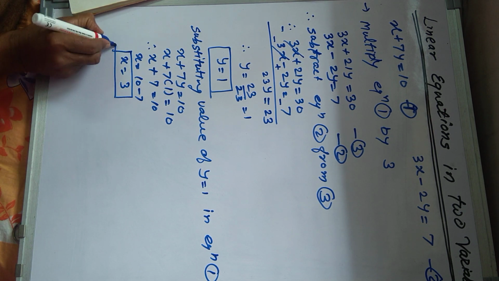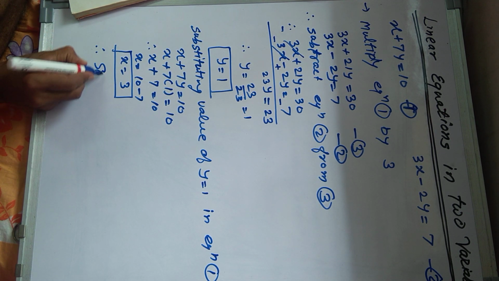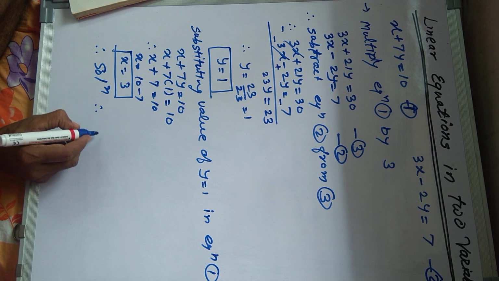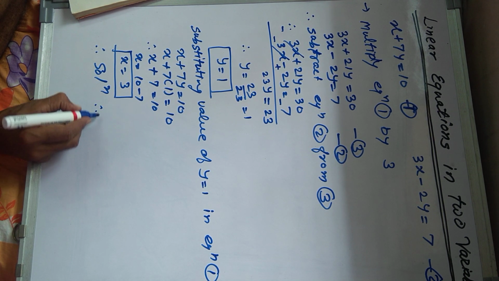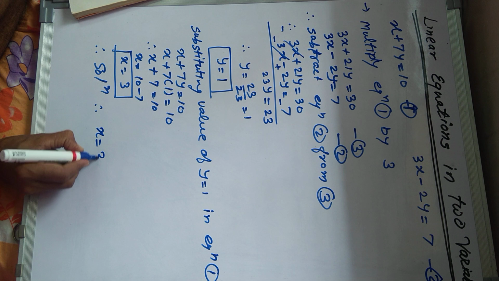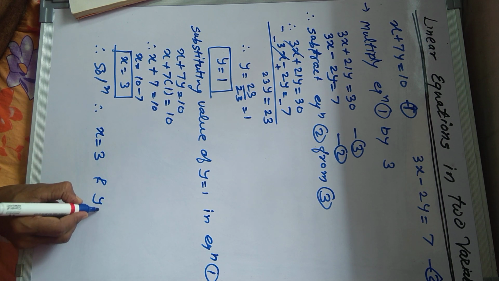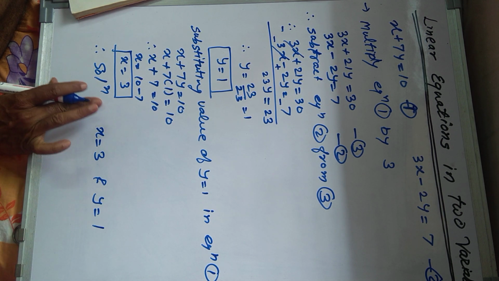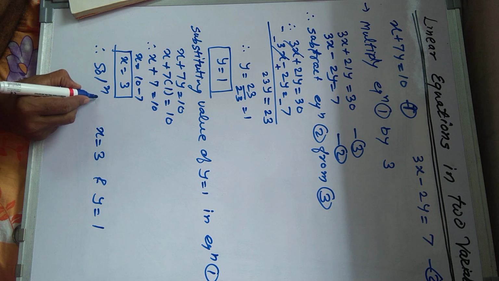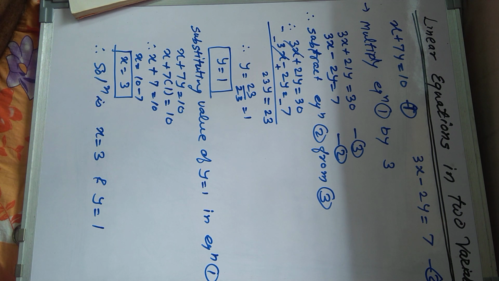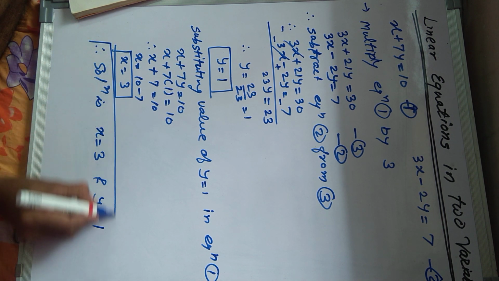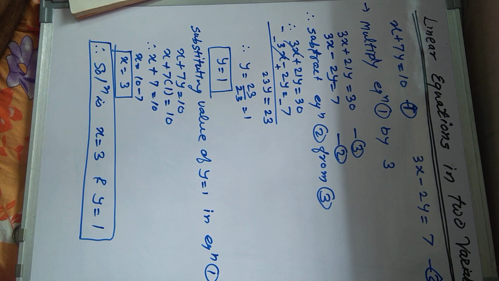Hence we get the solution of the simultaneous equations: x is equal to 3 and y is equal to 1. The solution is x is equal to 3 and y is equal to 1. That is our final answer.